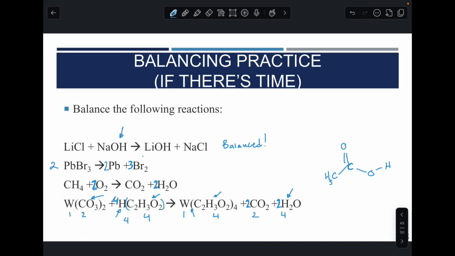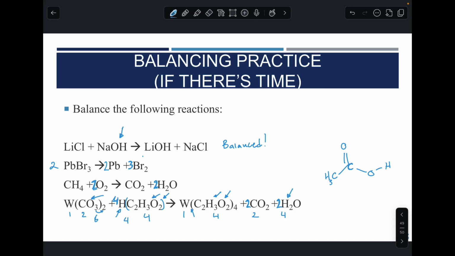Now let's see if we need to do anything special with the oxygens. So all of the oxygens that are part of the acetate ion are still part of the acetate ion on the right-hand side, so we don't care about those. The only ones that we're going to be dealing with are oxygens that come from the CO3. So we know that there are 6 of those on this side.